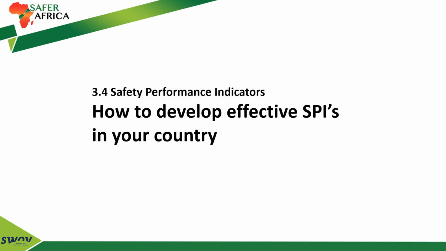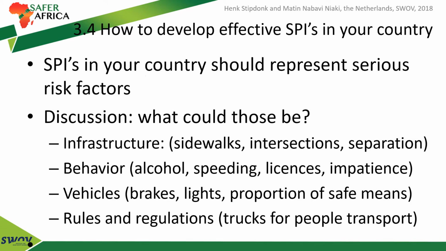In this final part of this section, we invite you to think of ways to develop your own SPIs. You are supposed to stop the presentation after each slide and answer the questions for your country. A first important property of the SPI of your choice is that it constitutes an important risk factor. If you choose your SPI, think of how many people could be saved.